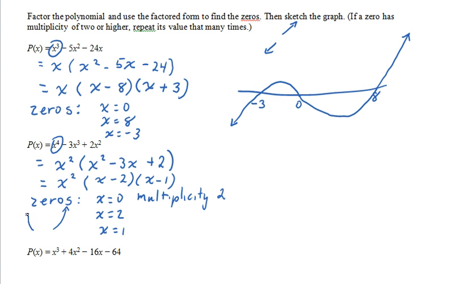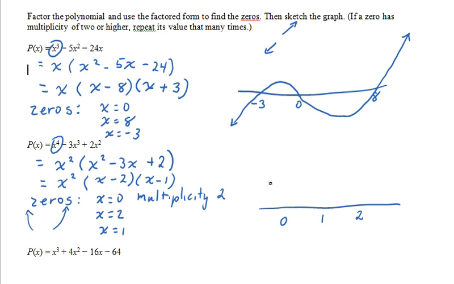And so the graph will come down from above to the smallest of the x-intercepts. So we have 0, 1, and 2.